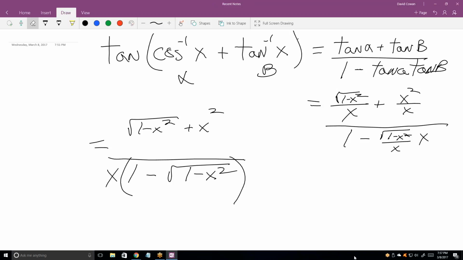Now, is there anything else I can do here? Nope. I don't believe there is. There's nothing I can do with this x squared and this x, because this x squared is being added, this x is multiplying.